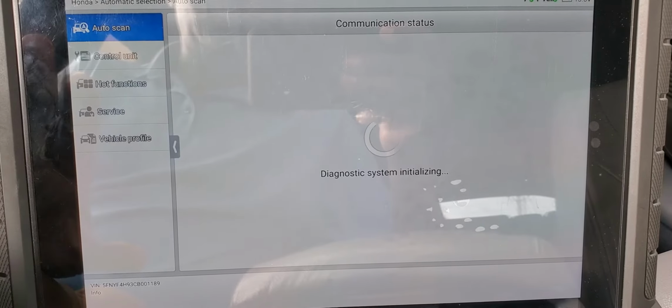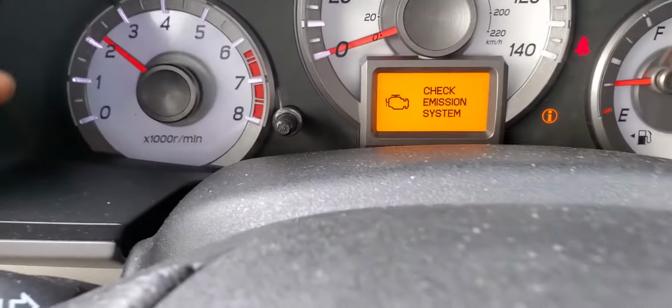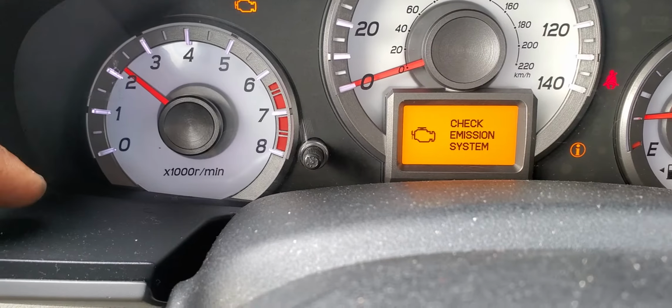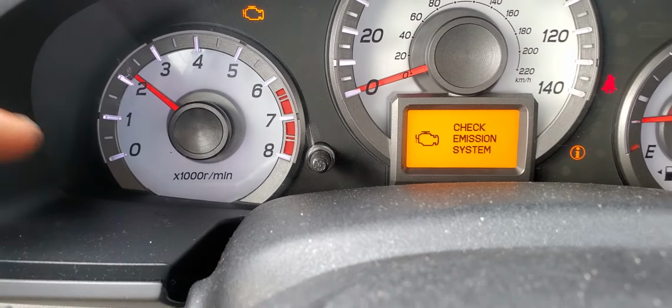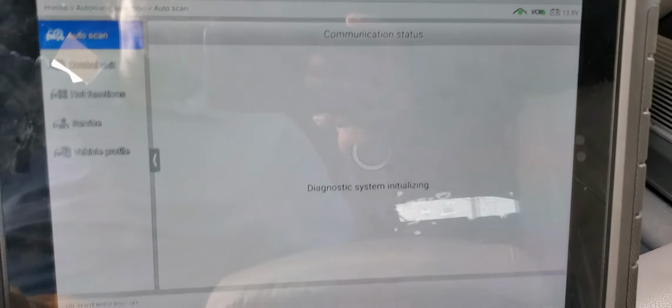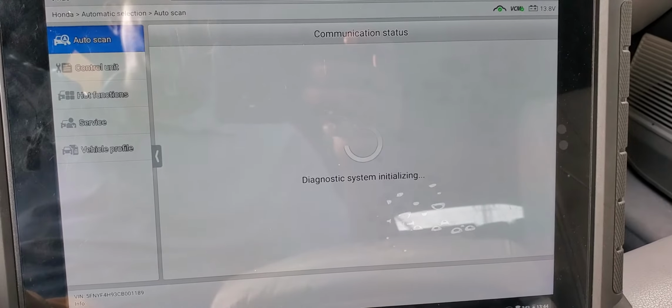I am not sure if this car has that service of lowering down or resetting the throttle body. I see it in some cars, yes. In some Honda, it says throttle body relearn.